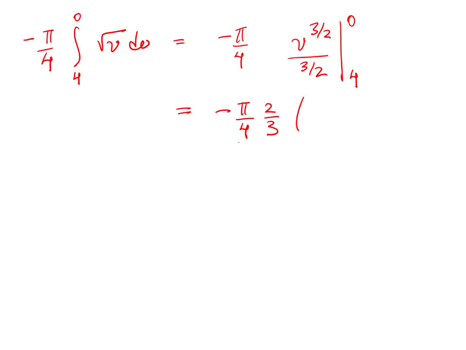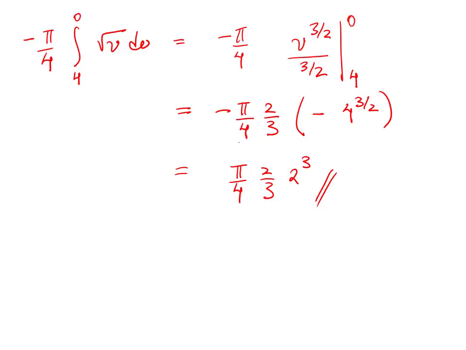The 0 goes away. You get a minus 4 to the 3 halves. So the minuses cancel, and this should happen because it's a volume. So 4 to the 3 halves, that's just 2 cubed. So you get pi over 4 times 2/3 times 2 cubed.